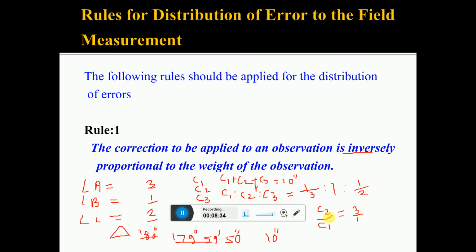So, you can write C2 is equal to 3 C1. Likewise, you can write C3 upon C1 is equal to 1/2 upon 1/3. So, express C2 and C3 in terms of C1, and substitute these values in this equation. You will get the value of C1, then find out C2 and C3, and apply the correction. So, this is rule number 1.